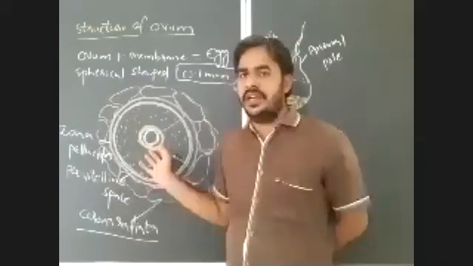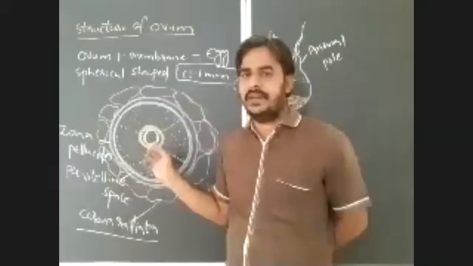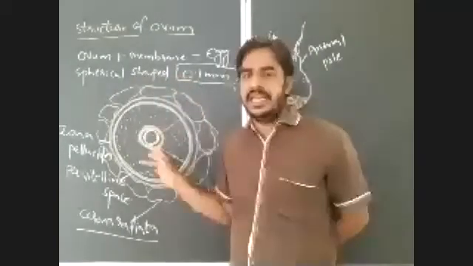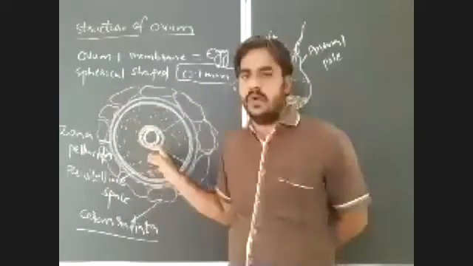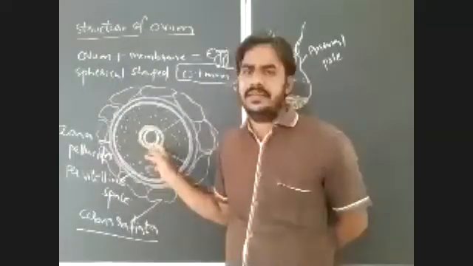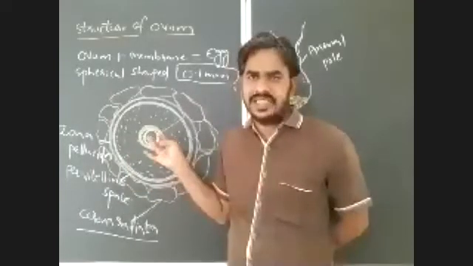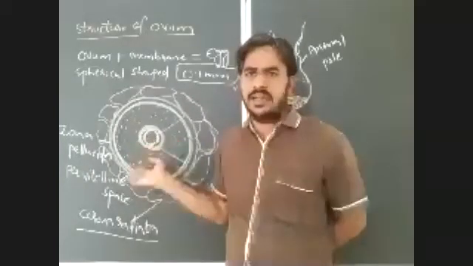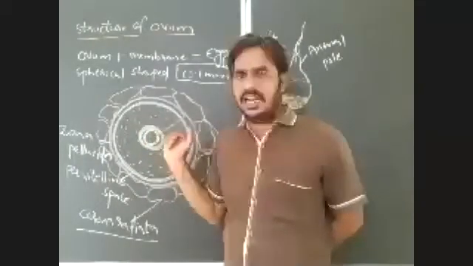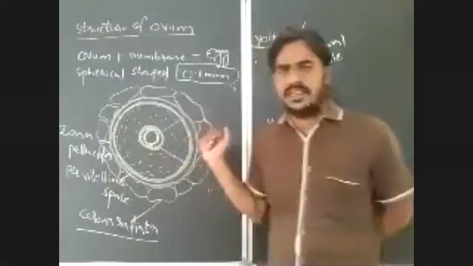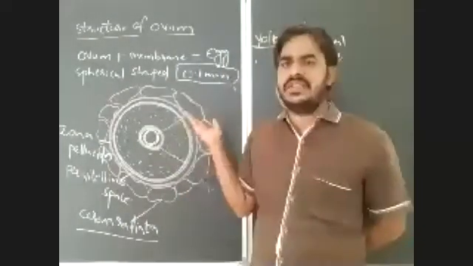In the otid, very little cytoplasm is there, but the amount of cytoplasm increases in the ovum. At the same time, cell organelles like endoplasmic reticulum, Golgi bodies, and mitochondria also increase in quantity.